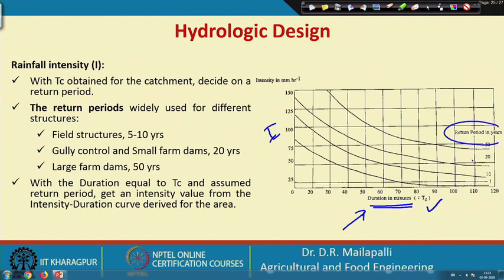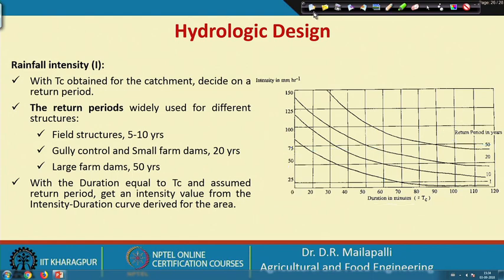So, knowing the return period and the duration, that is the time of concentration, you can find the intensity. Tc we estimated previously using the equation or table. For example, for 60 minutes and a 20-year return period, you can expect a rainfall intensity of around 70 mm per hour. This way you can find the rainfall intensity.